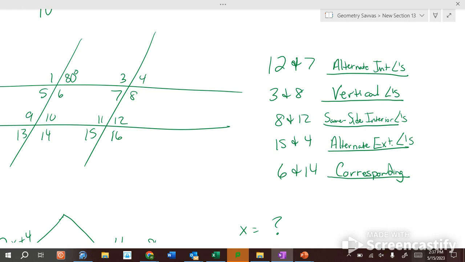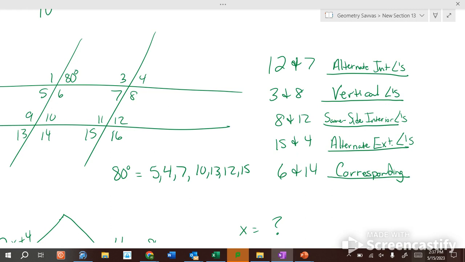So, which angles up there are congruent to the 80-degree angle? Which ones are 80 degrees? 5, 4 and 7, 10 and 13, 12 and 15.